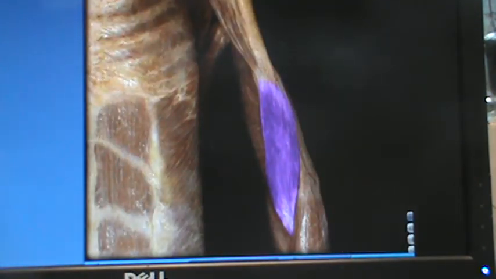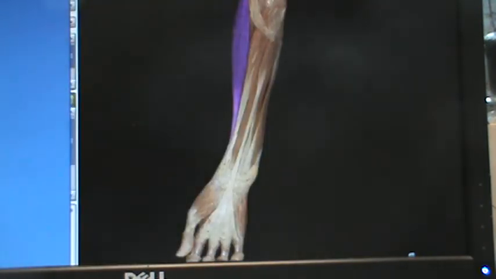So what would be the origin of this one? Humerus. What would be the insertion? Coronoid process of ulna. What would be the action? It would be flexing the forearm. All right, last one.